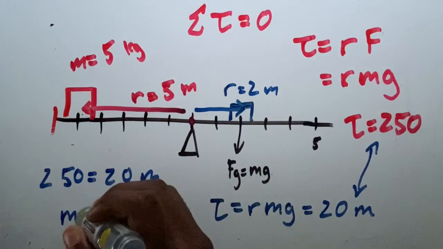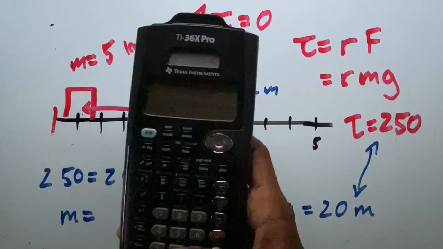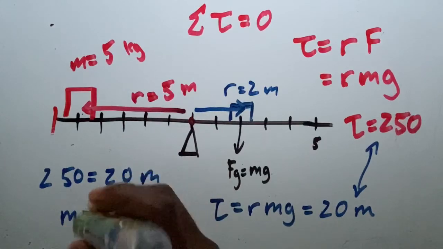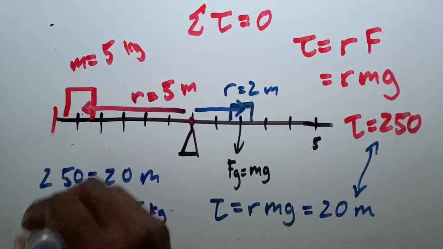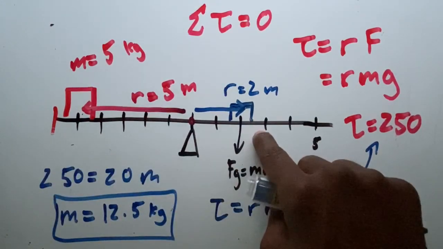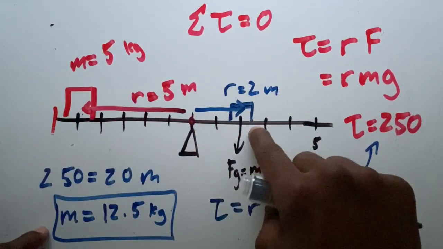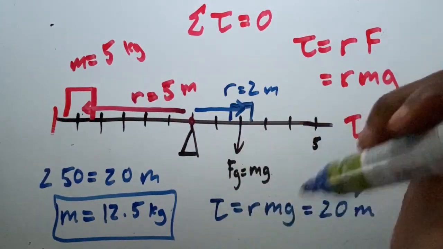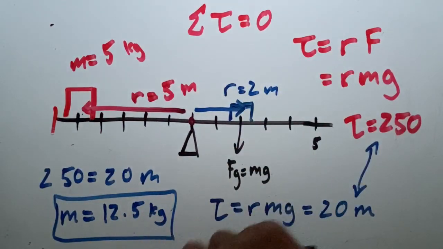So the mass is going to be 250 divided by 20, which is 12.5 kilograms. So if this block is placed here, in order for it to balance out, this block has to be 12.5 kilograms. I actually should have drawn this box a little bigger, because it weighs more.